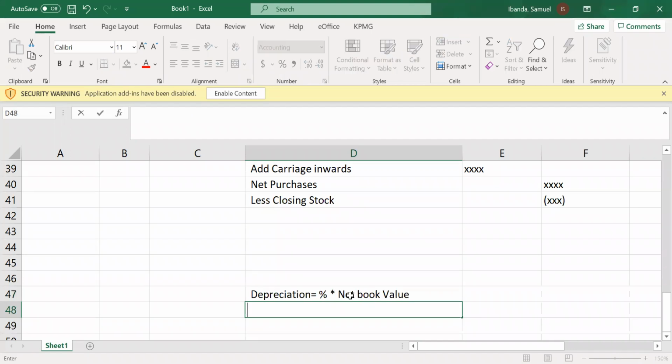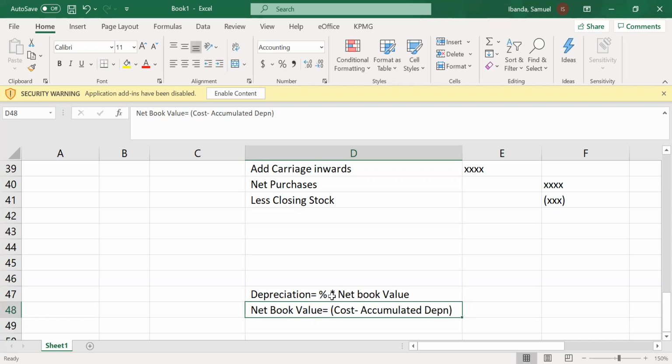And net book value is given by cost minus accumulated depreciation.